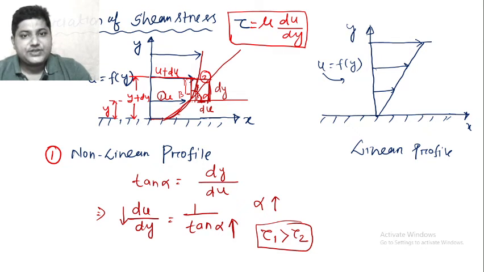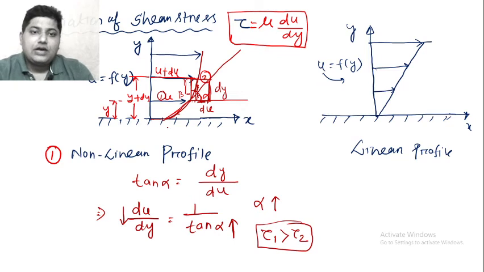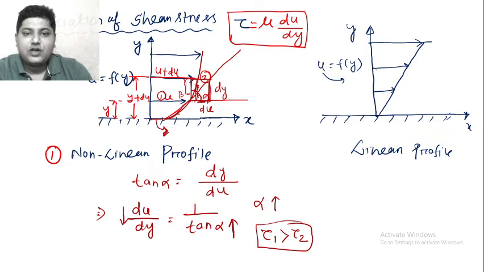So the shear stress is decreasing. Now if you ask me at which point the shear stress is maximum, here alpha is minimum, because the tangent is now parallel to this one.